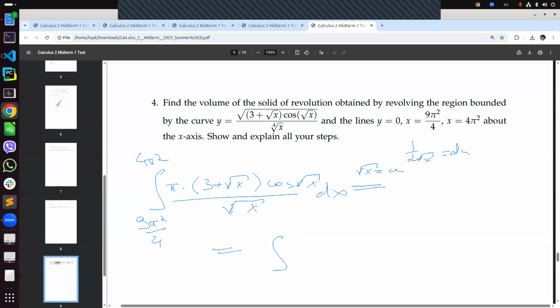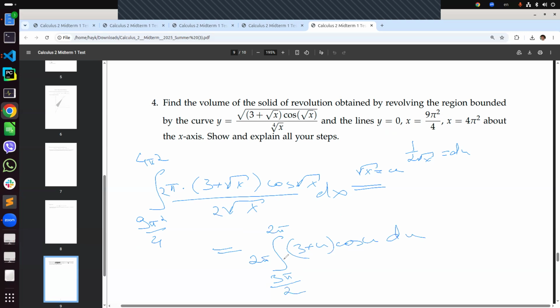And multiplying, dividing by 2, we'll get 2 pi (3 plus u) cosine u du. And bounds of our integral: when x is 4 pi squared, u is going to be 2 pi. When x is 9 pi squared over 4, u is going to be 3 pi over 2.